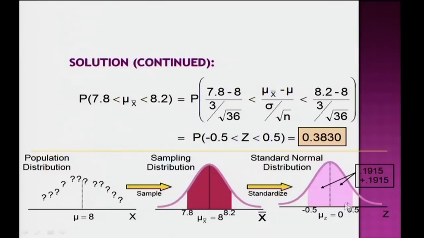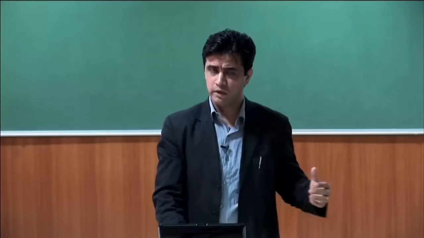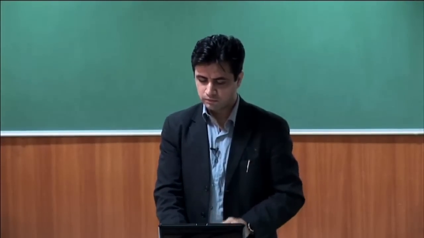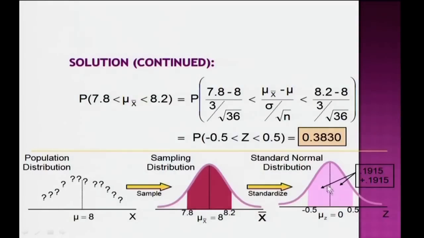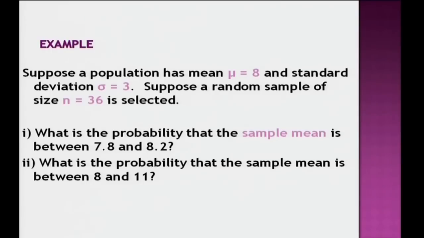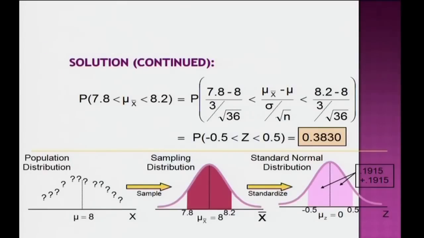One way is to get the areas separately, and area is always positive even if you are taking from a negative value to 0 or 0 to a positive value, so you can add them, it will be 0.3830. Hence the probability between 7.8 and 8.2 using this process is 0.3830, 38.30%. For the second part also you can calculate that probability.